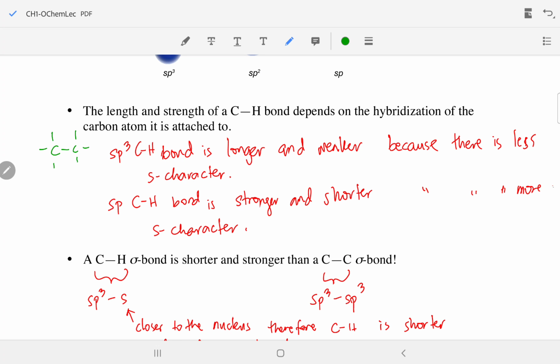This is an sp CH bond. It has greater bond strength, so it is difficult to break.